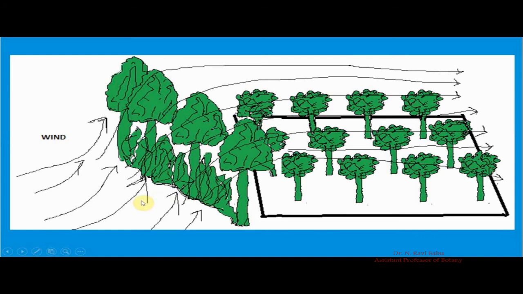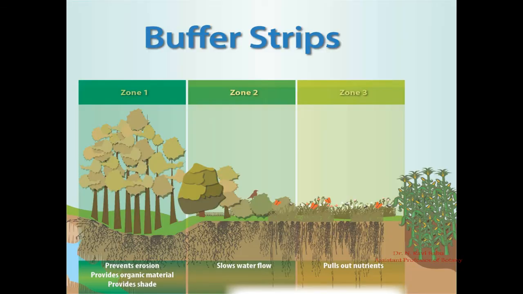Now let us take up buffer strip cropping. Buffer strip cropping involves various types of plants and annual crops which are grown in between the strips mentioned in field strip cropping and wind strip cropping.